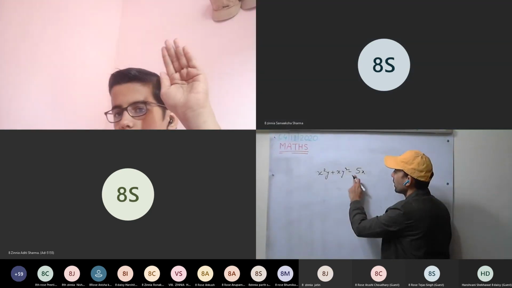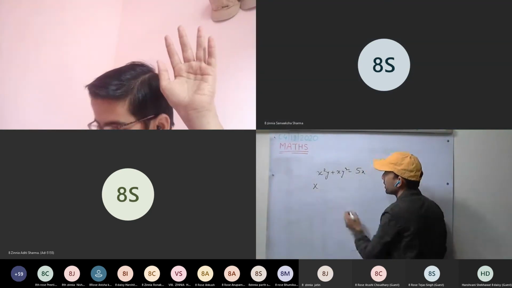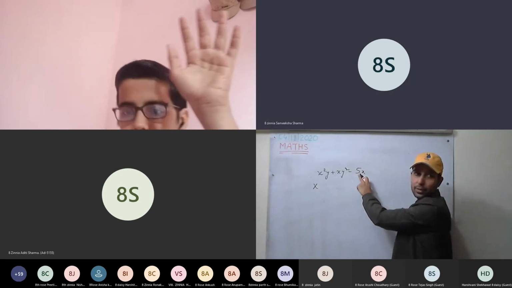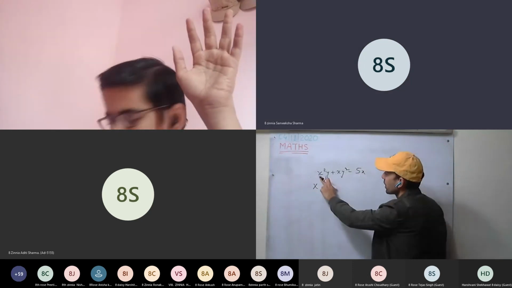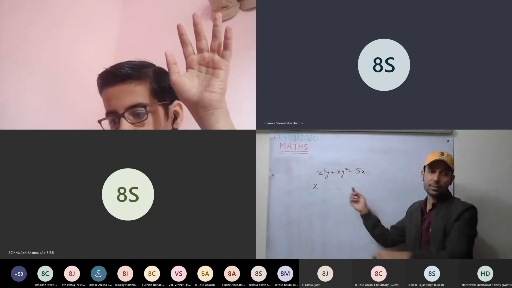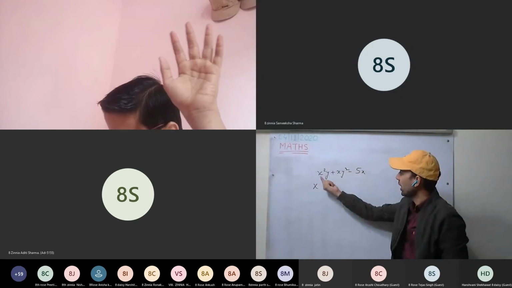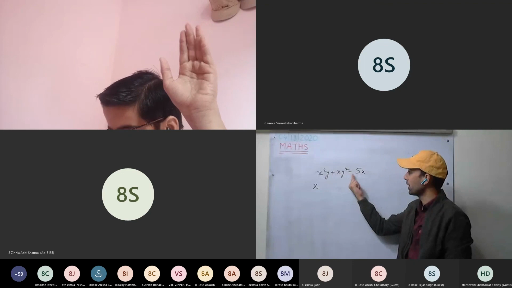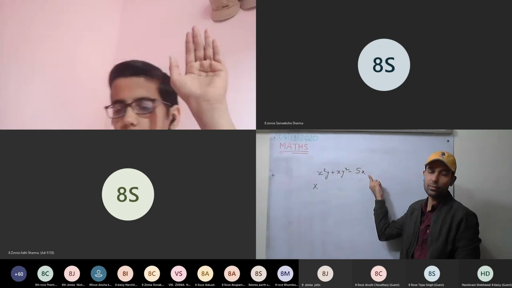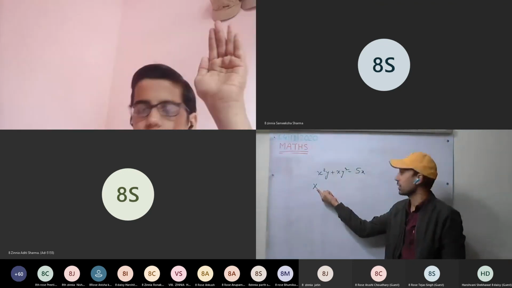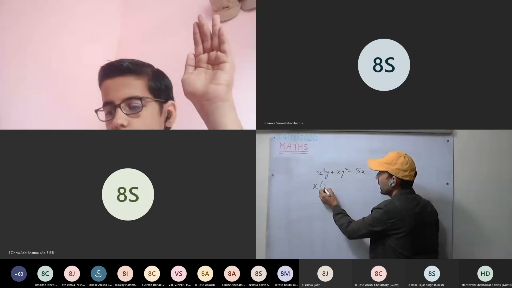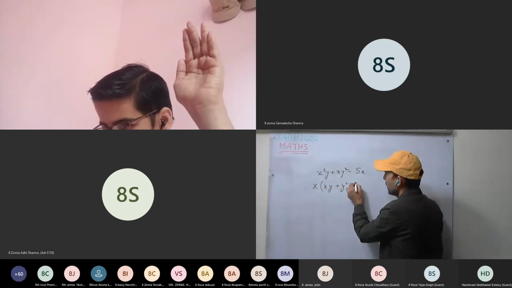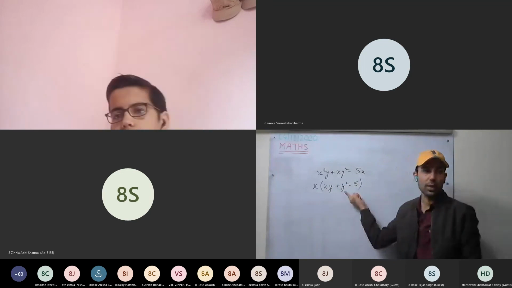So, x is the common factor. Not 5xy, only x. See here, x is here, so x outside. No y here, we can't take y outside. So x will be the only common factor. So what will be remaining? xy plus y square minus 5. Is this fine?